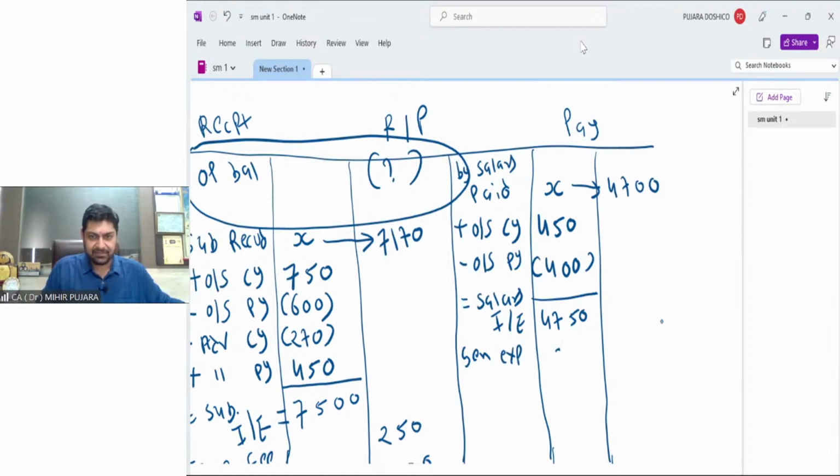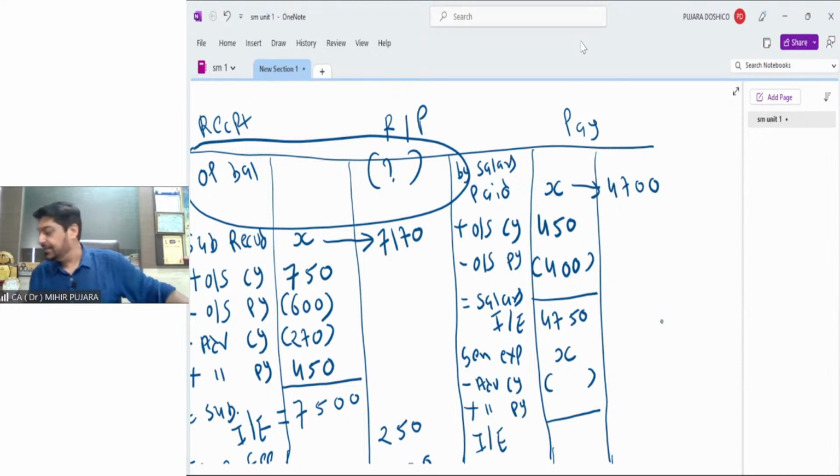So general expenses X, whatever the rule, plus advance of current year, minus advance of previous year, is equal to amount of INE. So what is the amount of INE? It is given as 500. This 60 is of current year.